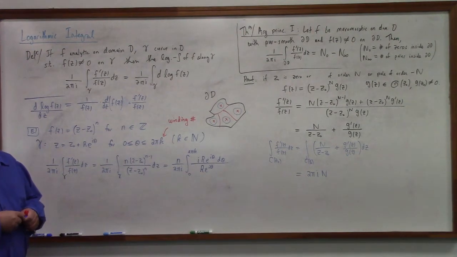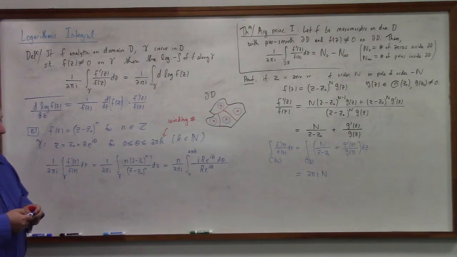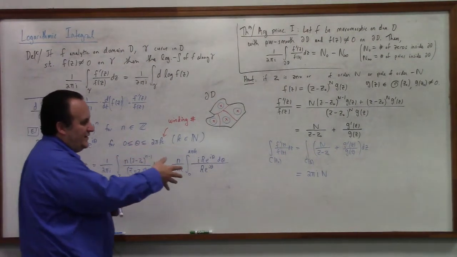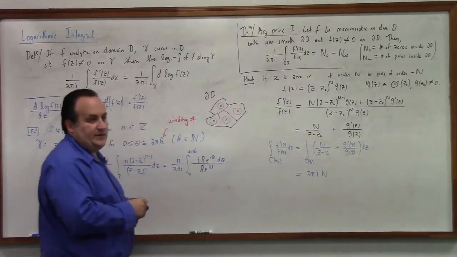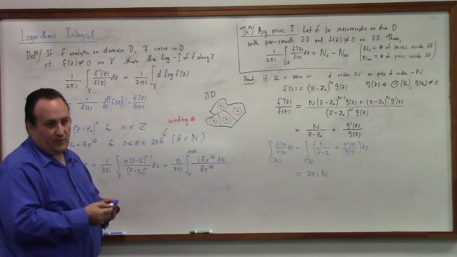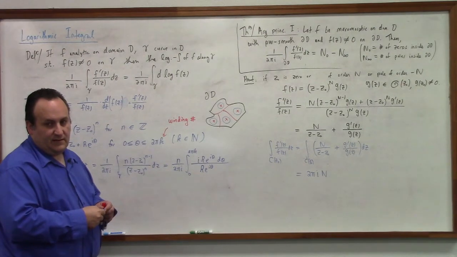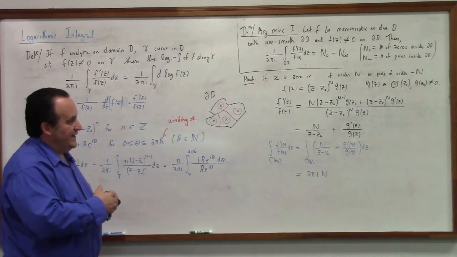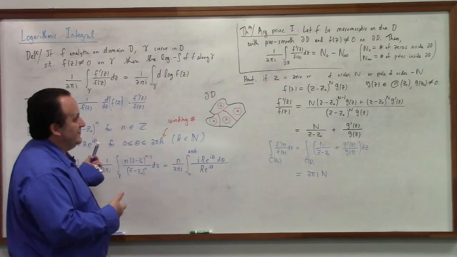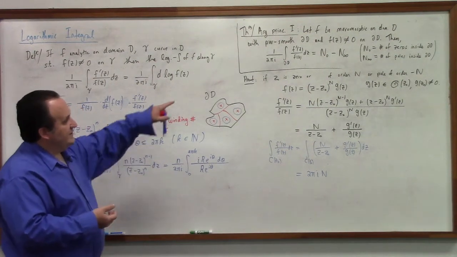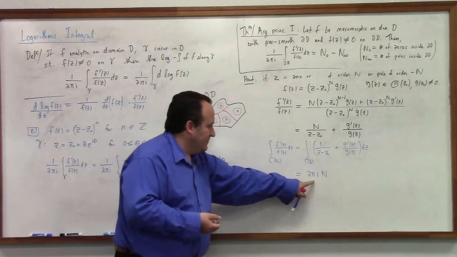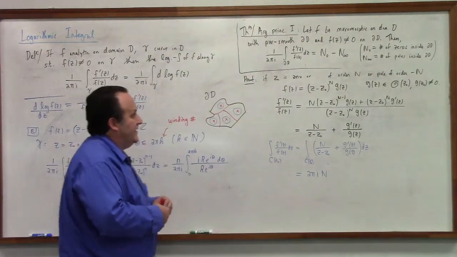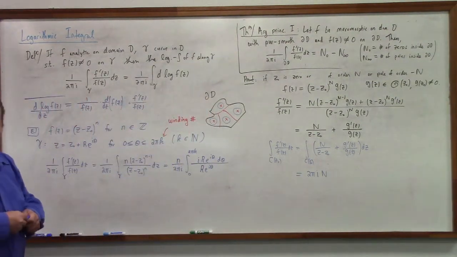The residue is n, big N. We can do this calculation at each one of these singularities, poles, or zeros, and you add them together. Because we divide by 2 pi i, that cancels the 2 pi i from the residue theorem, and you're just left with the argument principle.